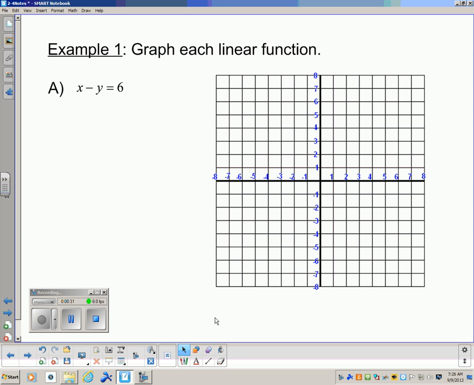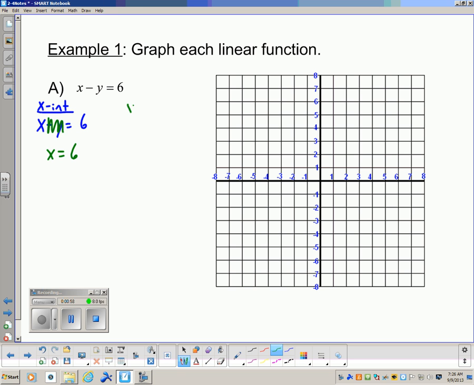So letter A here, I'll just go ahead and graph this one using the x and the y-intercept. I'm going to find my x-intercept first. So I am going to use my cover up method here. I'm going to cover up the y portion, and I end up getting x equals 6.